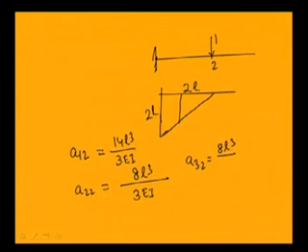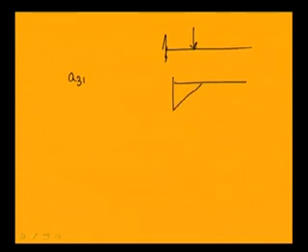Now, for the last case, you can apply unit force at position 1, position 3, and you can find A31. If you draw the bending moment diagram, A31 equals half. This triangle you know, this is L, bending moment will be L. So, this becomes L into 2L, this length is 2L.